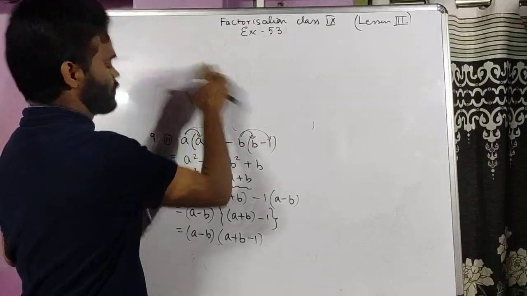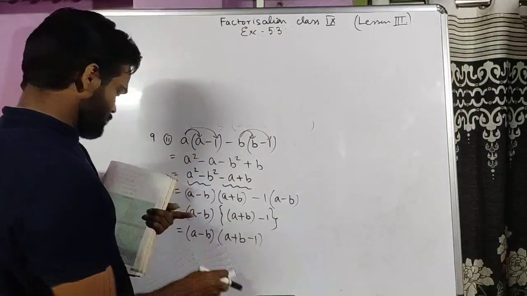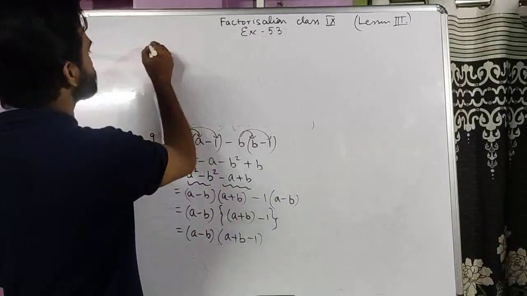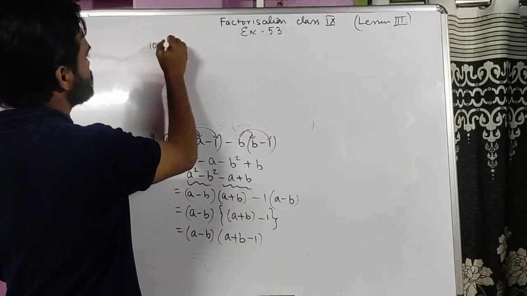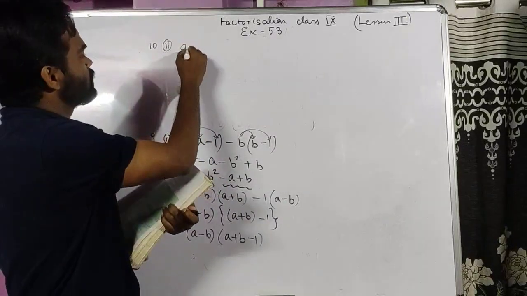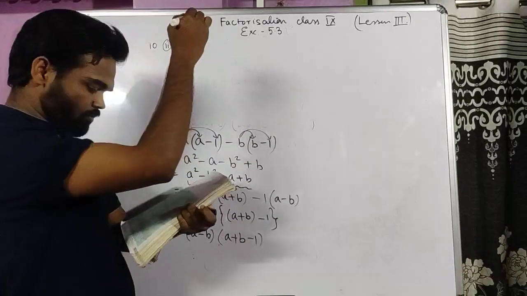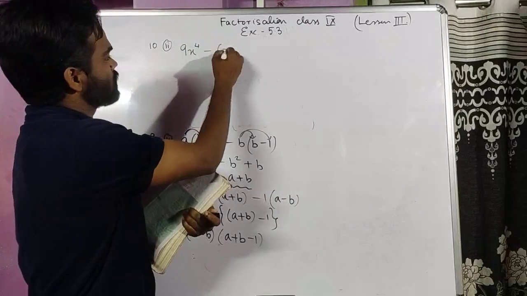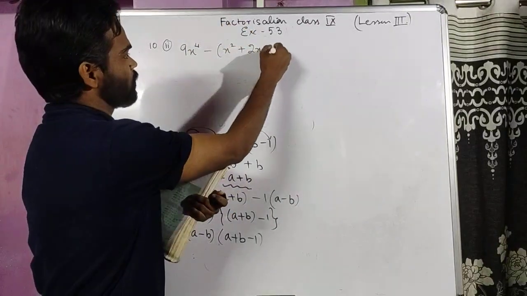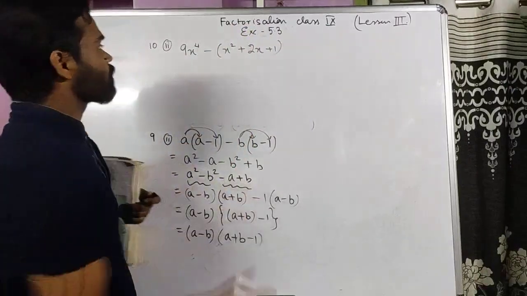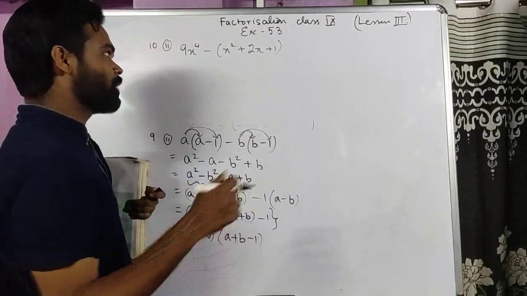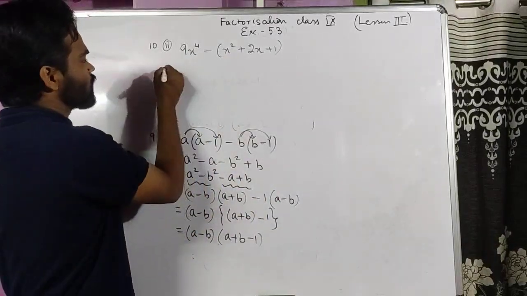Now we'll look at sum number 10 part 2. Very interesting sum. This is 9x to the power 4 minus x square plus 2x plus 1. Now we'll try to bring this in the form of a square minus b square. How? Just look carefully.